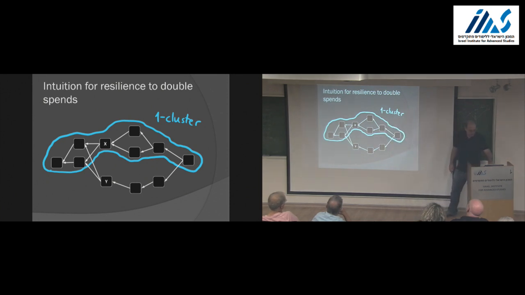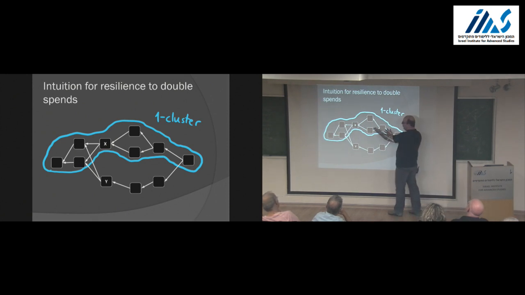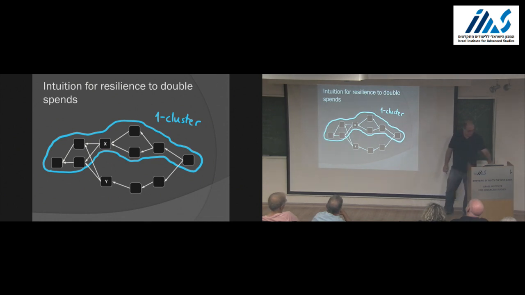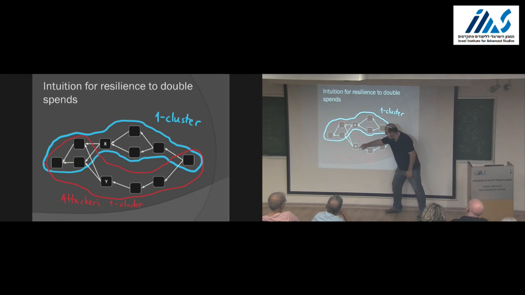Now, these can't be accepted into this one cluster. They have an anticone that's too large. On the other hand, they do make up a one cluster of their own, but since this was mined by the attacker, it has fewer blocks than the rest of the network mined during the same period of time.